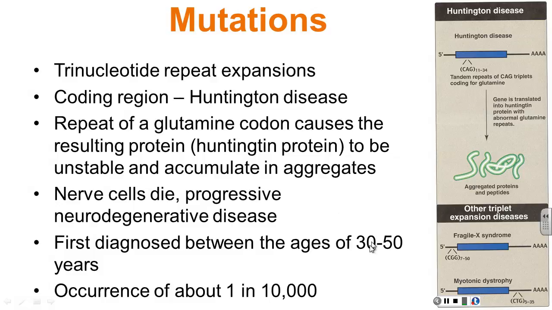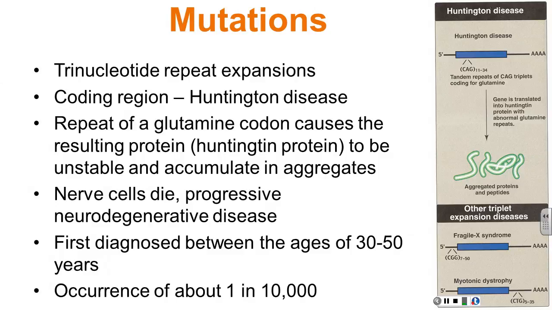So for a genetic disease, that's pretty common, and what ends up happening is this Huntington protein is actually most abundant in neurons. It precipitates, and in any situation where you've got a protein precipitating in a cell and aggregating, you're going to cause that cell to die.